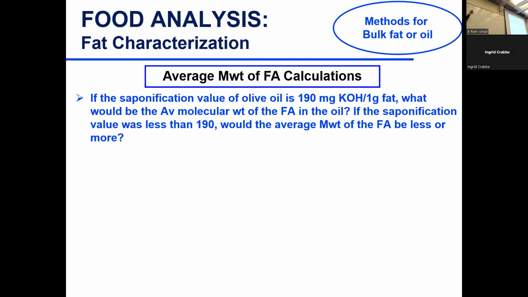This is the equation you want to remember. In the final, if I tell you to write the chemical equation, I don't want you to draw the triglyceride. I would just say triglyceride plus 3 KOH gives you glycerol plus 3 fatty acids. So you need that equation.